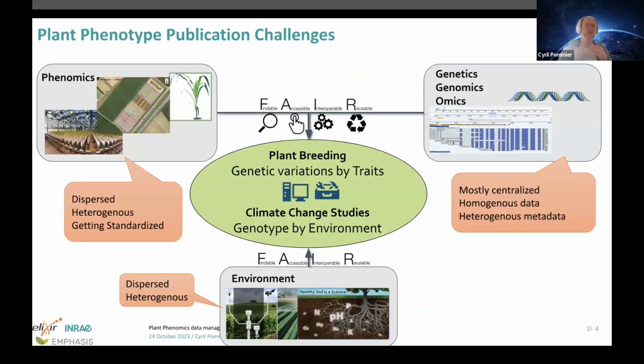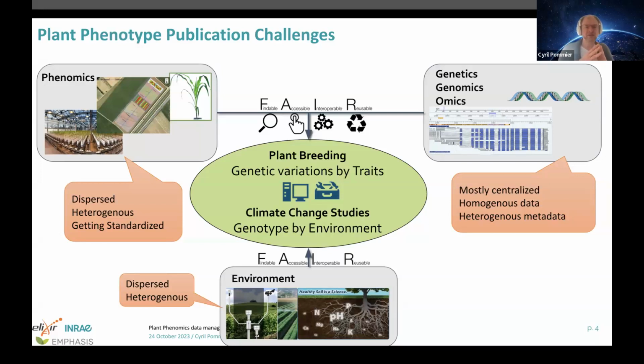So the plant phenotype management and publication challenges originated from the analysis that genetics, genomics, and omics data are mostly centralized, mostly homogeneous, even though the metadata, the description of the data, can be heterogeneous. On the other hand, phenomics data are dispersed and will remain dispersed. There are many data repositories and databases hosting plant phenomics data, and this is going to last.